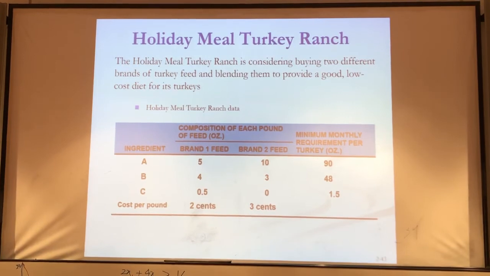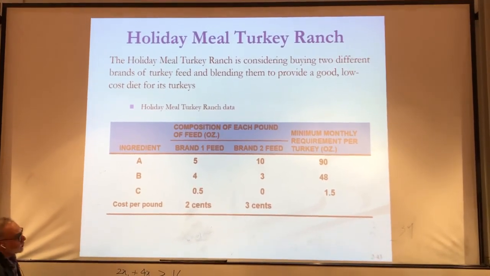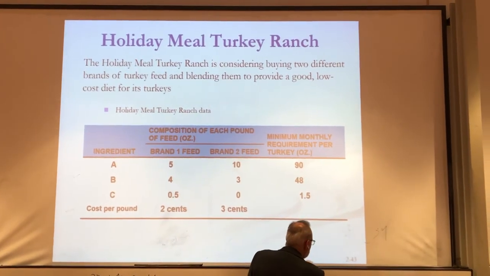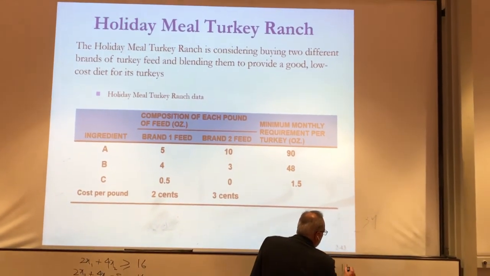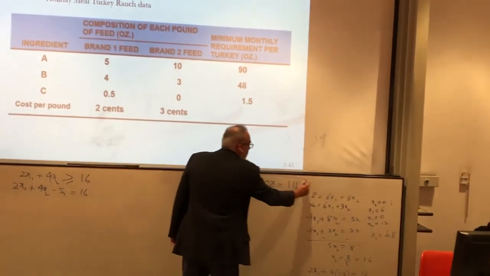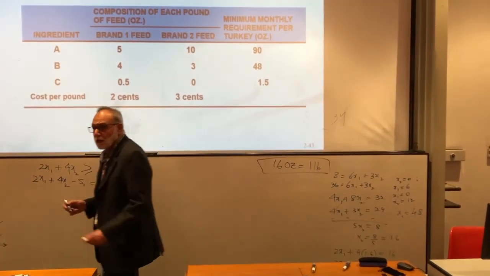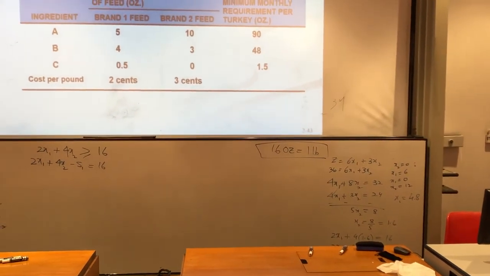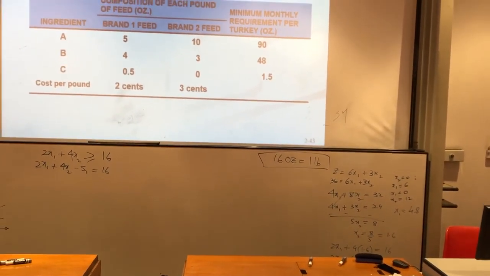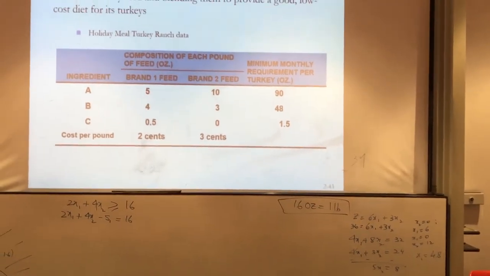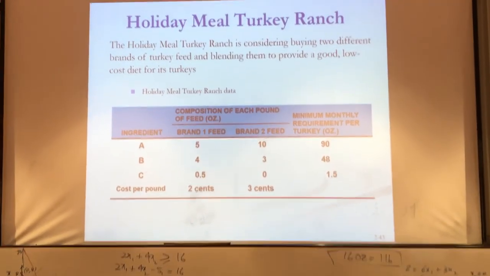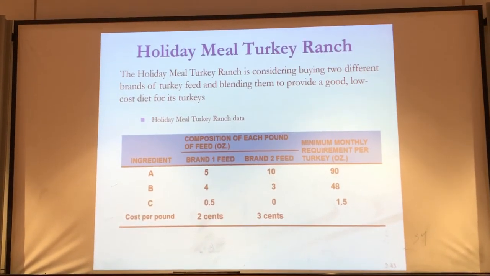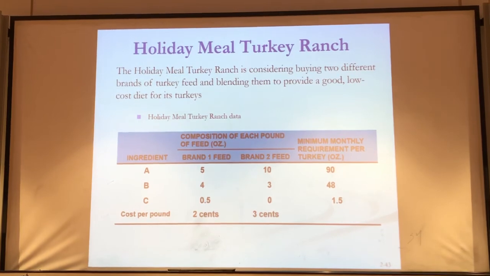Please note, since this is a British system, 16 ounces is equal to 1 pound. Here in 1 pound, brand 1 has ingredient A 5 ounces, ingredient B 4 ounces, and ingredient C 0.5. And the cost per pound of brand 1 is 2 cents.